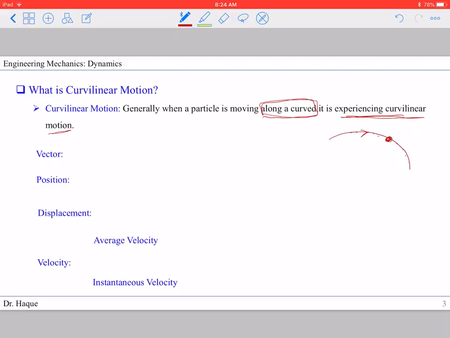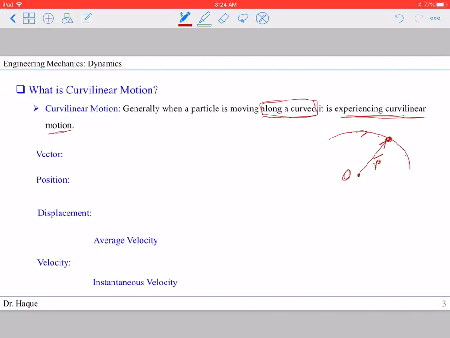So for curvilinear motion, we always have to represent it in a vector form. For example, if we have an origin here, and we say the position is R, it's a vector.